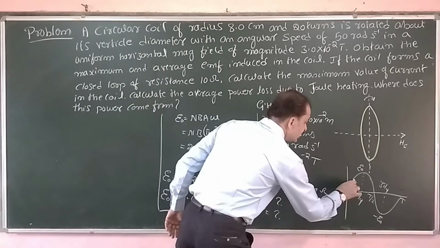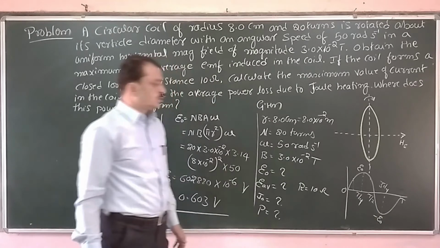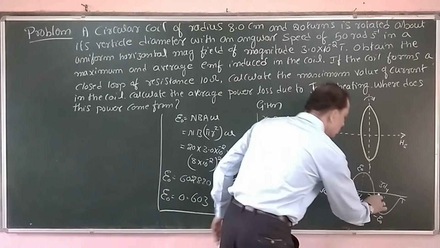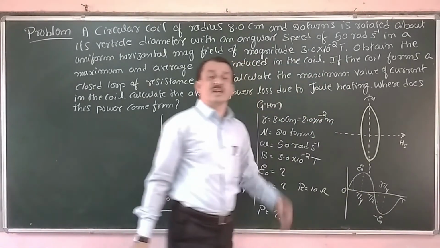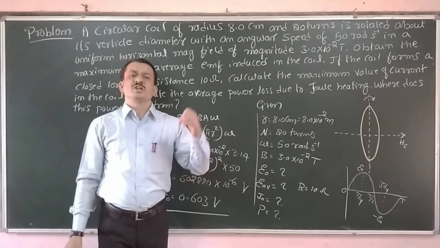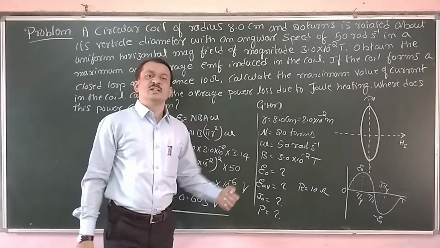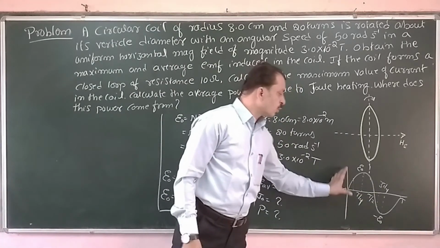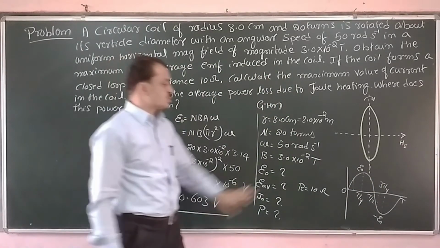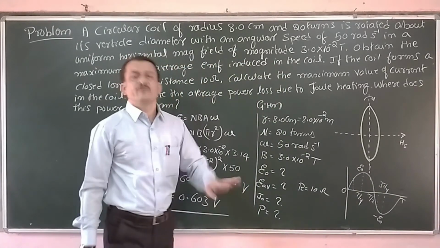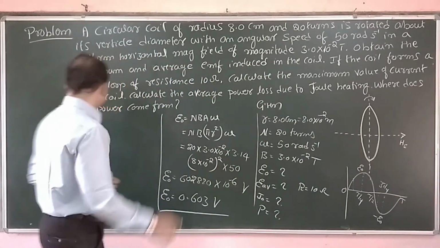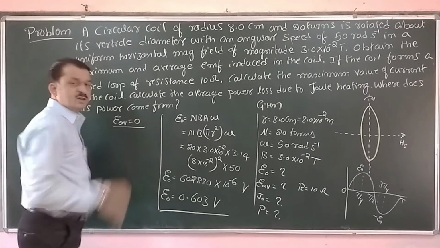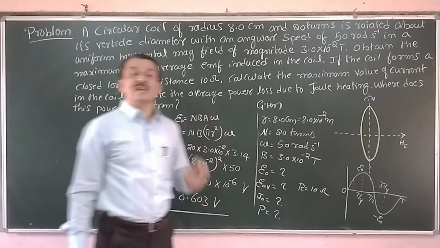For every instantaneous value in the positive half cycle, there is a corresponding value in the negative half cycle. Therefore, if you add all those positive and negative values and take the average, we will get the average induced EMF as always 0 in the case of an AC cycle.